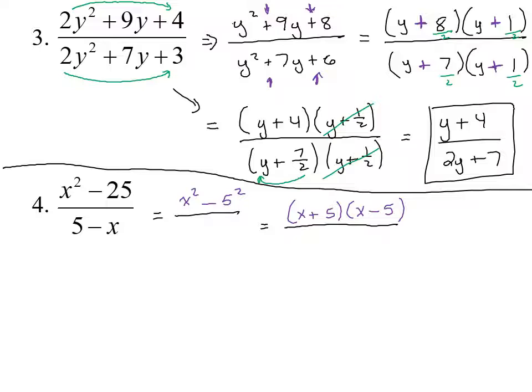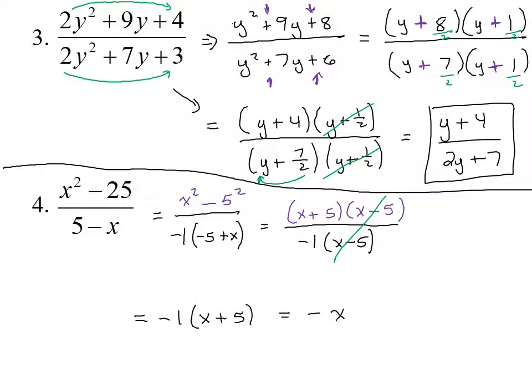So if you divided everything by negative 1, or pulled a negative 1 out, you'd actually end up with negative 5 plus x, or that's the same thing as x minus 5. So if you ever want to reverse it, factor out a negative. That way the x minus 5's cancel, and you're left with your answer of negative 1 times x plus 5. Or you could distribute the negative 1 across and make it negative x minus 5.